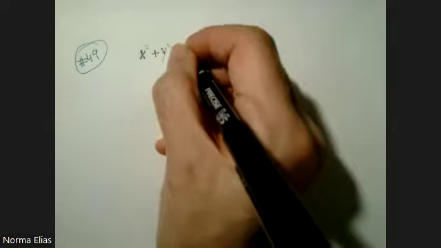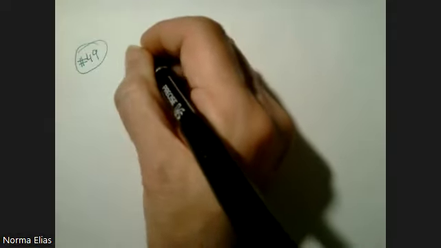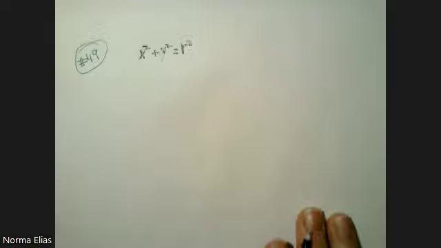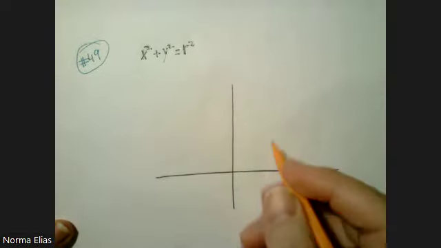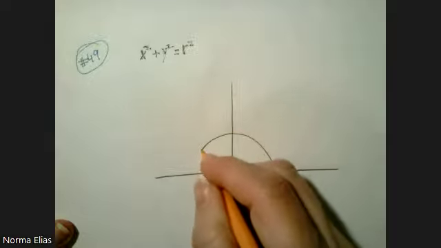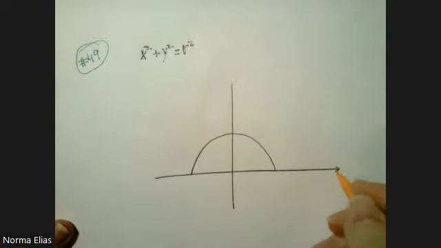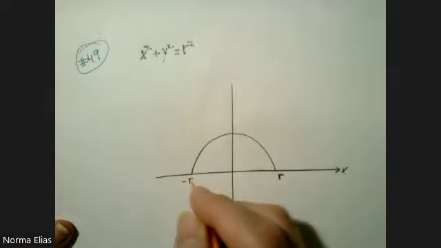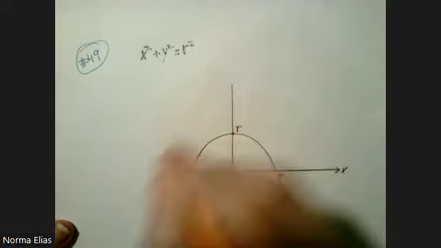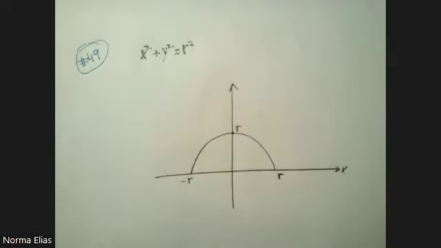When I say internalize it, you have to know it because it's a basic equation. And by the upper half and the x-axis, so that's here. The upper half of the circle means that's the piece right there, and the x-axis. So this should be r, and this is minus r, and this is r. Okay, that's the picture we have.